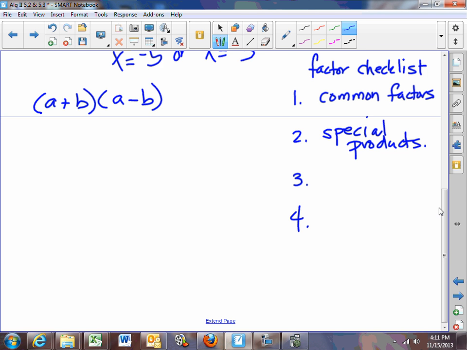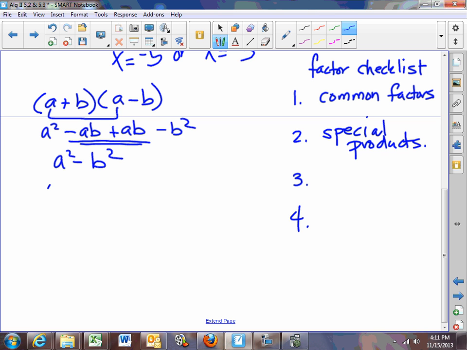Now, when you FOIL (a plus b) times (a minus b), you get a squared, that's first. Outer, you get negative ab. Inner, you get positive ab. And last, you get negative b squared. Well, now these two terms are the same, except they have opposite signs. When you add them together, they go away. So you get a squared minus b squared.